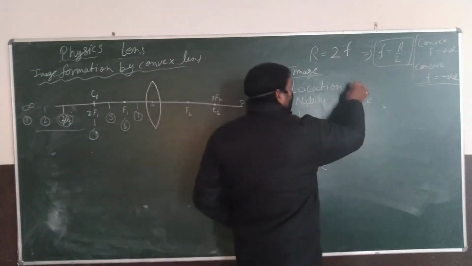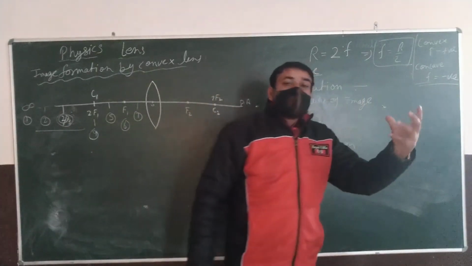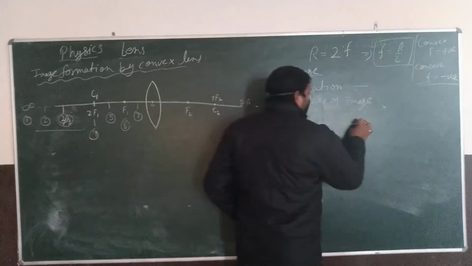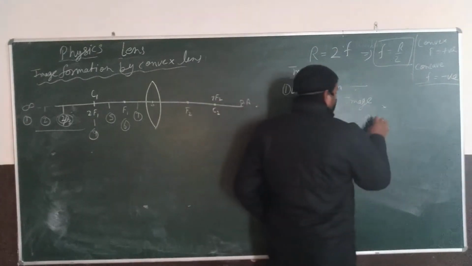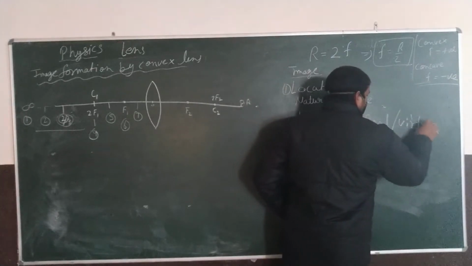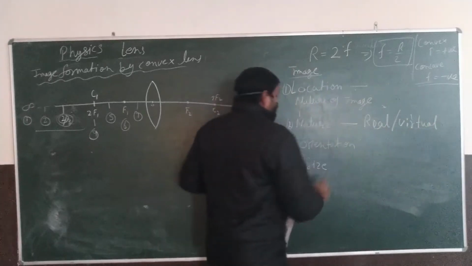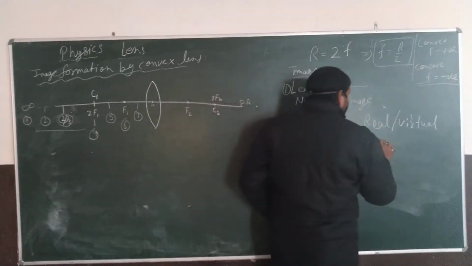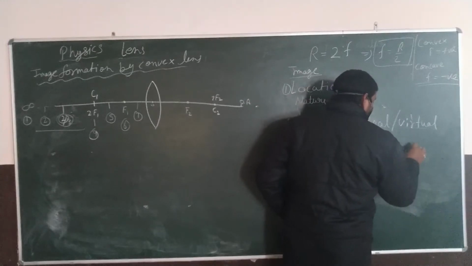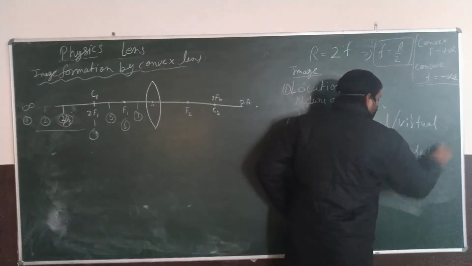Now, location: near or far. Nature is real or virtual. Orientation: inverted or erect.